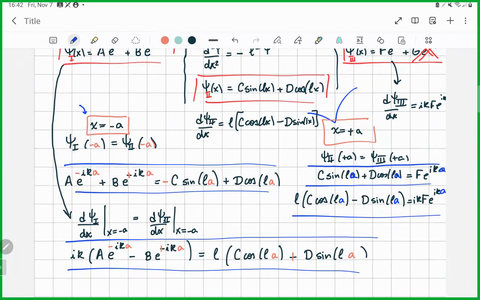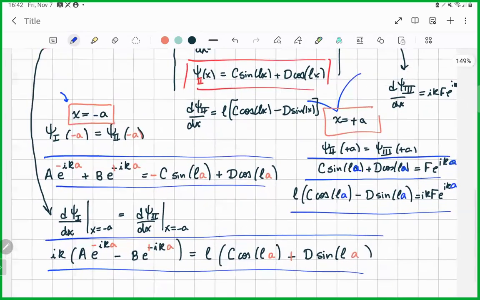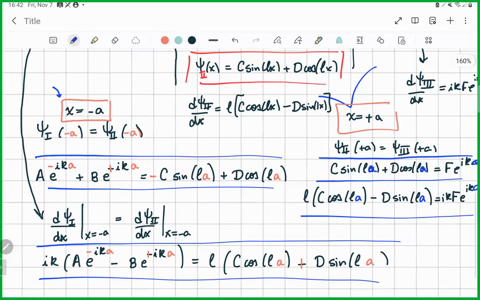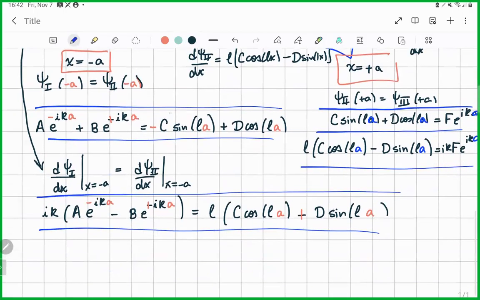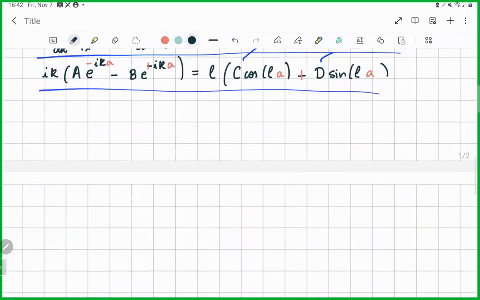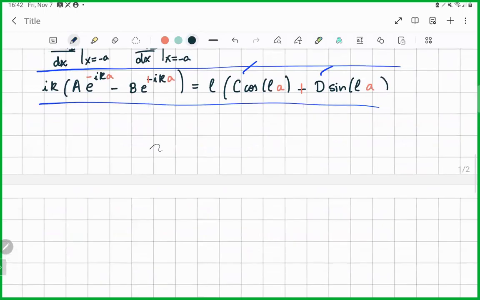This part is a bit tedious because we have these four equations, and the purpose now is to manipulate these equations and get rid of the C and D, the C's and D's everywhere, because what we want is to find a way to write F as a function of A only.